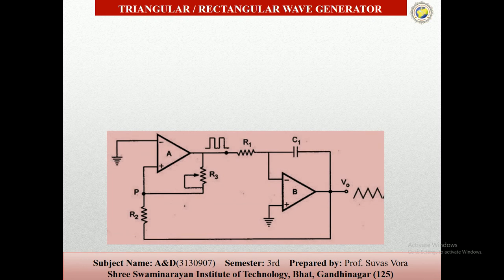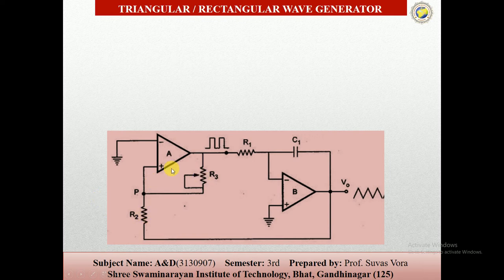Thus the output of the Schmitt trigger is applied to the input of the integrator, and the output of the integrator is the input to the Schmitt trigger, so the circuit works as a triangular or rectangular waveform generator. You can see the figures here. Two op-amps are used.